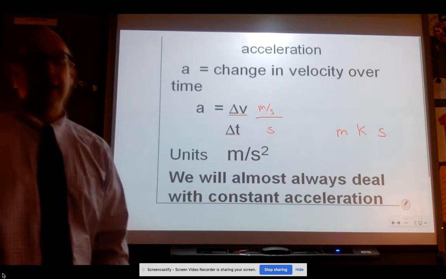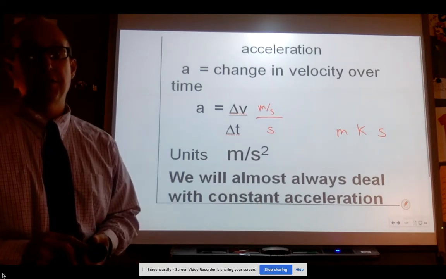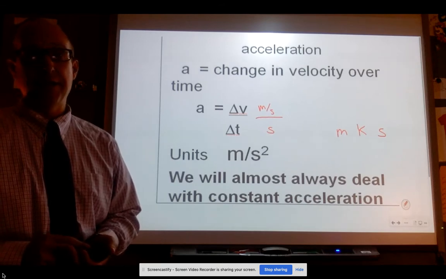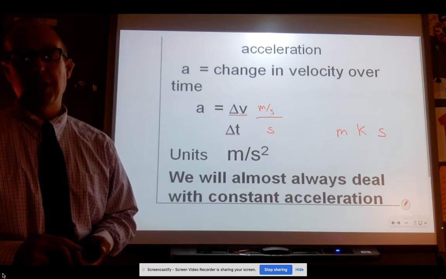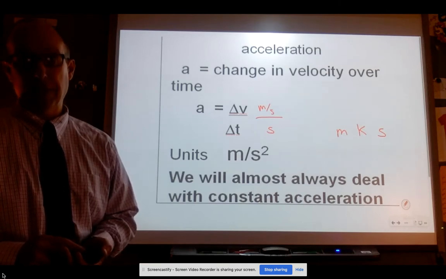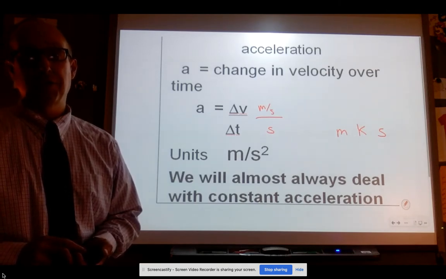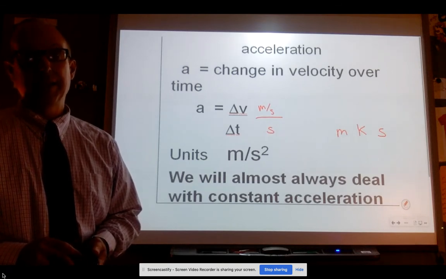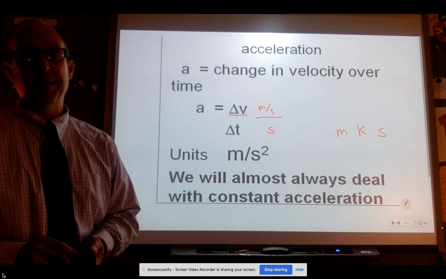You can also have how the acceleration changes, which is meters per second cubed. That is known as the jerk. Or how the jerk changes, which is meters per second to the 4th power, which is jounce. You could also have how the jounce changes, and that is meters per second to the 5th, which is snap.